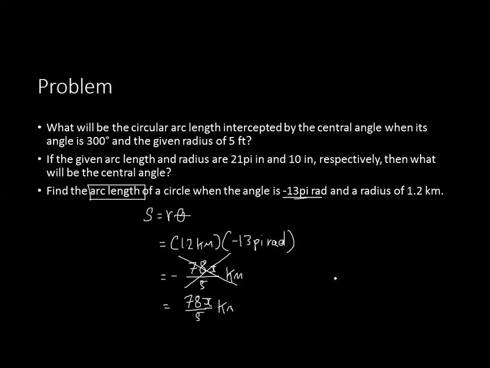Of course, there are some cases where negative is allowed, such as displacement, because displacement is a vector quantity, so it has magnitude and direction. So if it's negative, then it implies that it is in a downward motion. That would be a different topic already. Or take some scalar quantities such as temperature, like negative 10 degrees Celsius.